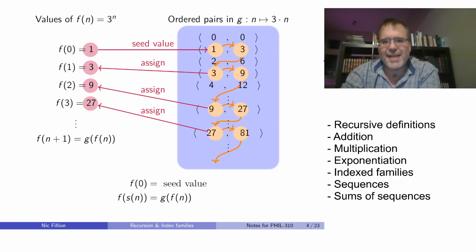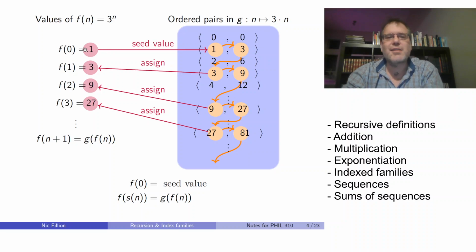On the right-hand side, in that blue rectangle with rounded corners, I have depicted the ordered pairs that are part of that function, which takes a number and multiplies it by 3, because you saw that multiplication by 3 plays a very important part here. And what we're trying to do is understand the function 3 to the power n.